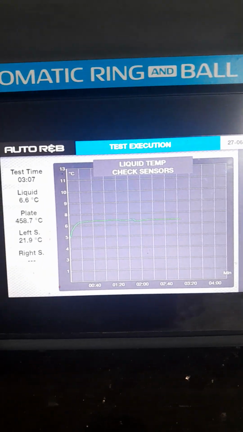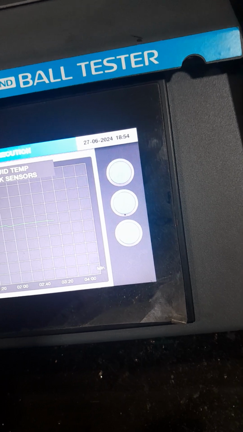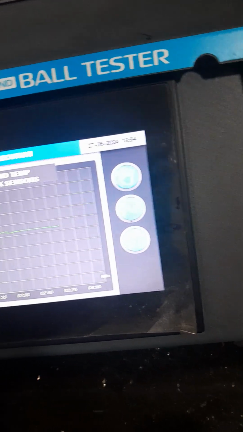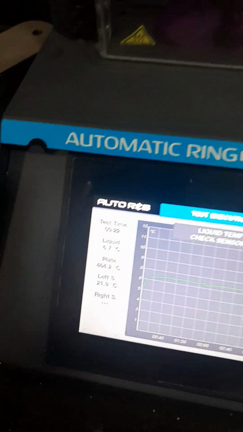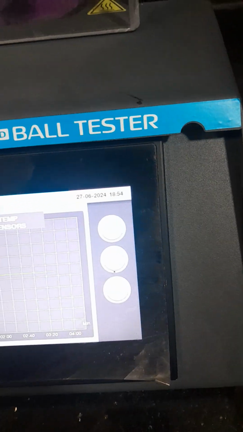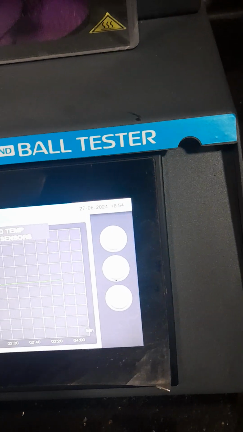Stabilization temperature has to be 5 degrees Celsius.